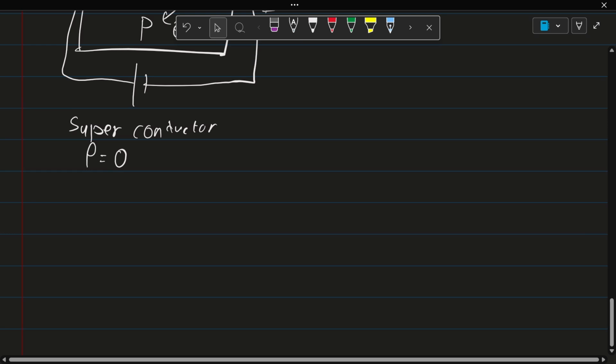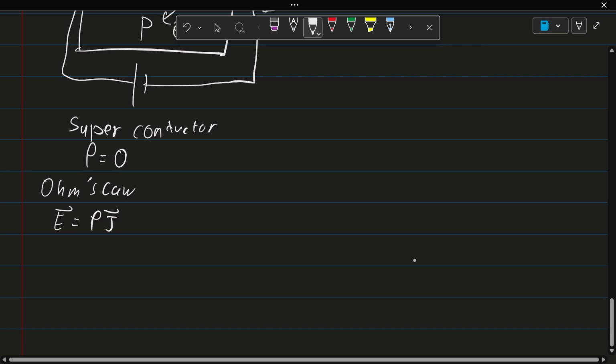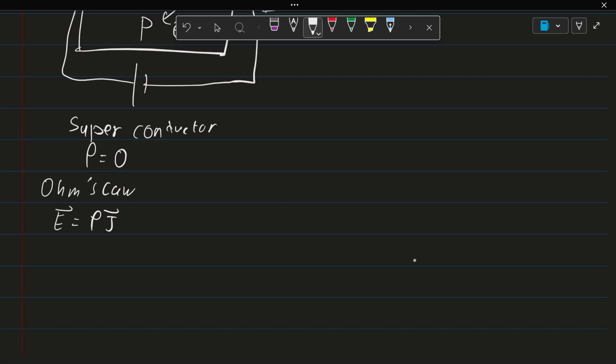Now let's jump into one law that is normally used in electrical engineering, which is Ohm's law. I might have already given Ohm's law, which is the E vector equals rho times the J vector. Here's something that I want to derive. The E vector multiplied by the displacement L is what you know as voltage.